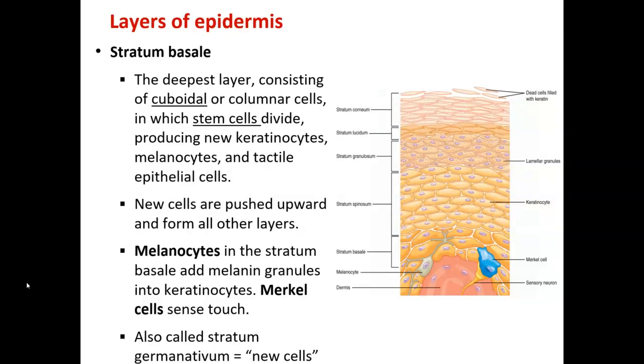So this is stratified squamous epithelium of the epidermis. And here's a little melanocyte that adds the color to these other keratinocytes. Here's one of those touch receptors. And this would be the dermis down below that.